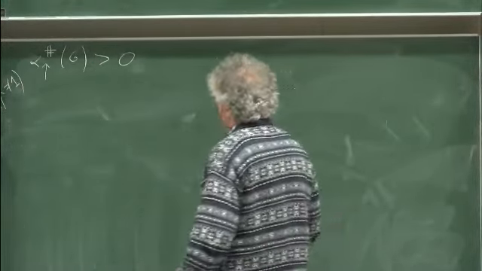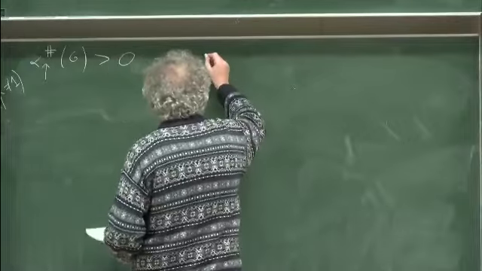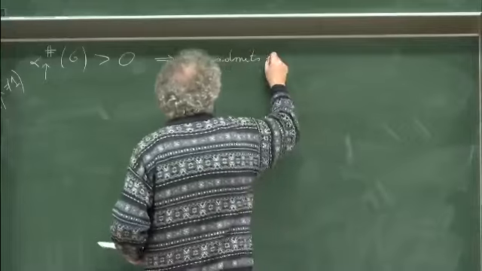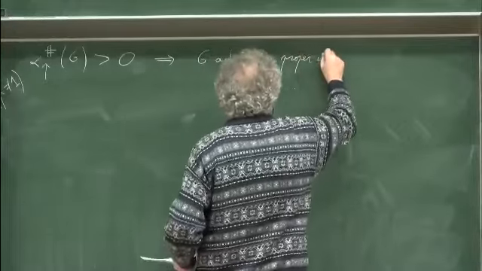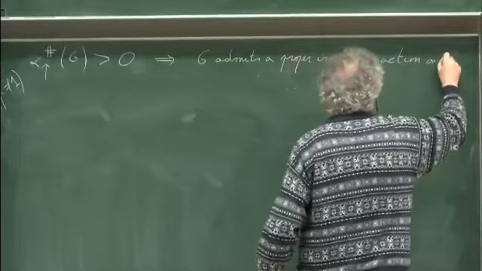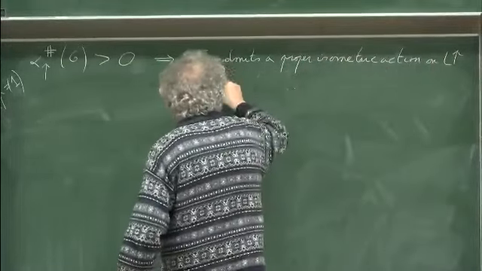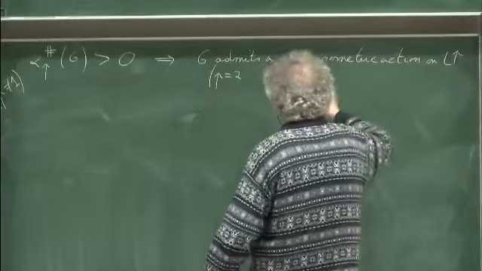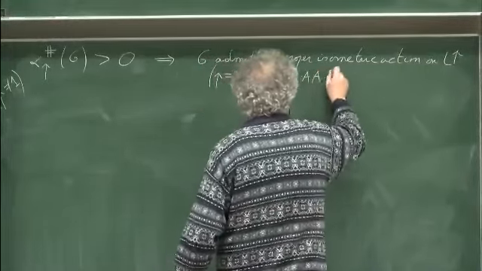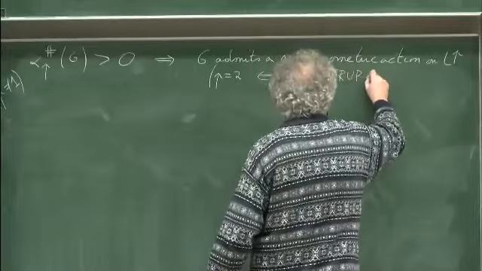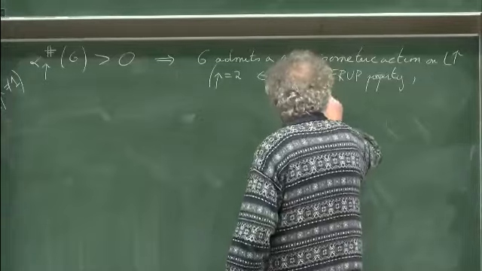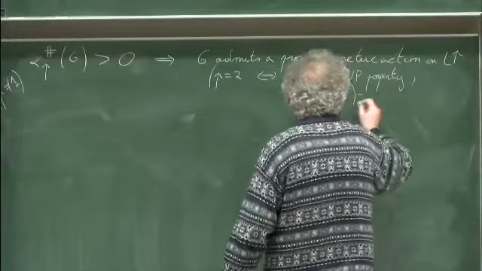If the L^p equivariant compression is positive, then this implies that G admits a proper isometric action on L^p. For p equal 2, this has a name: this is equivalent to the so-called Haagerup property. And Gromov has another name for that: Gromov calls this property a-T-menability.